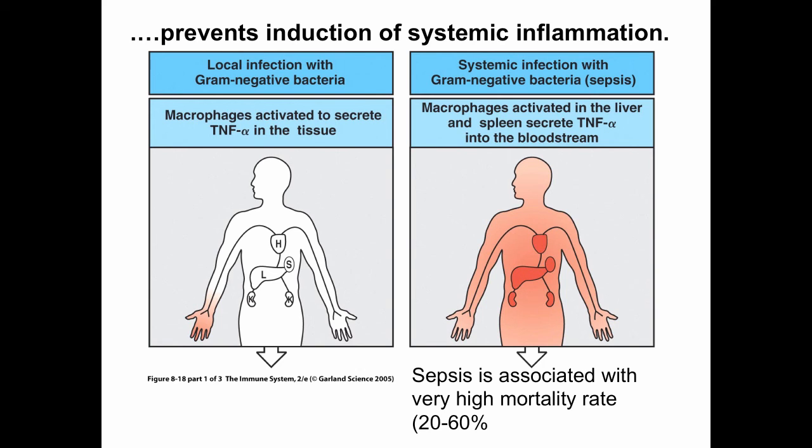And so the importance of the innate immune response then is to prevent the systemic infection and help limit the cascade of events that results in a systemic inflammatory response and ultimately potentially sepsis.